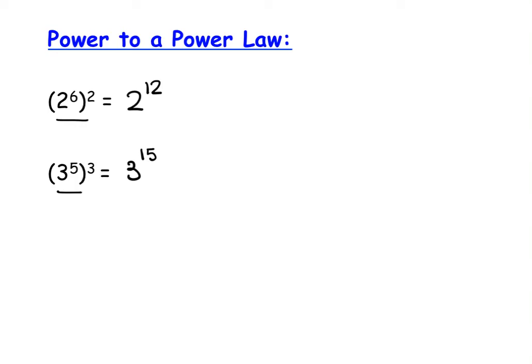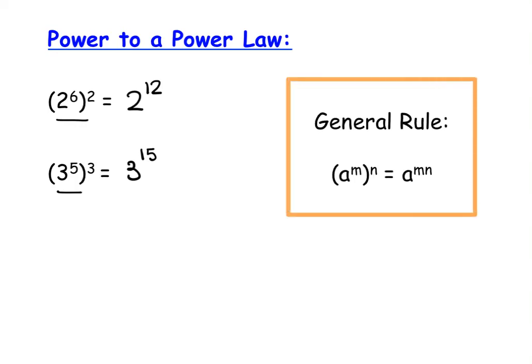So just like before, we have a general rule. Our general rule for this one is if we have a to the power of m, all of this raised to another exponent n, we simply raise a to the power of mn. Now remember, when we have two variables next to each other without any symbols, it's like saying a to the power of m multiplied by n.